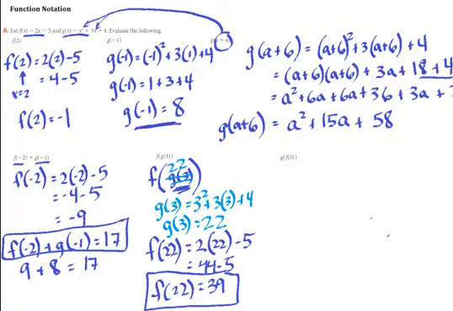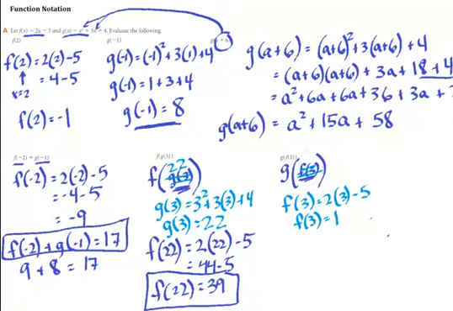Rewriting this guy again, g of f of 3. This says I need to go get what f of 3 is. I don't think I did that anywhere. No, I'm going to have to go get f of 3. So let's find f of 3. That is going to be 2 times 3 minus 5. So f of 3 equals 6 minus 5. That's a 1.